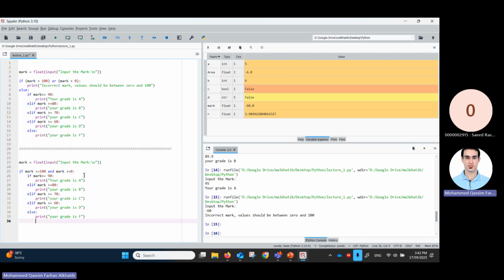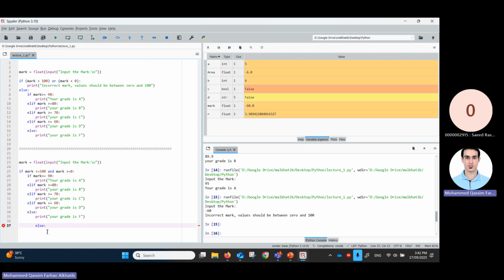Okay. What if my condition here, this condition is incorrect? I should write else. Now see an issue here. Else, it gave an error. Why? You should see the if and else, the matching ones, they have the same indentation.